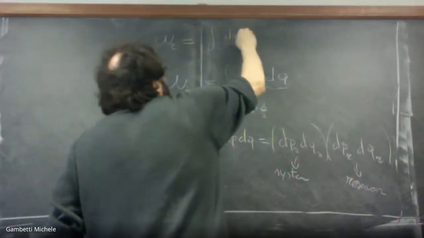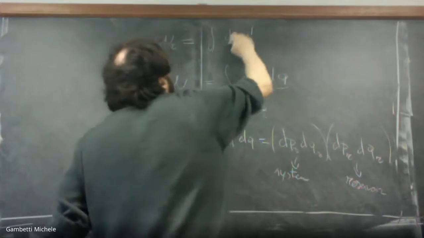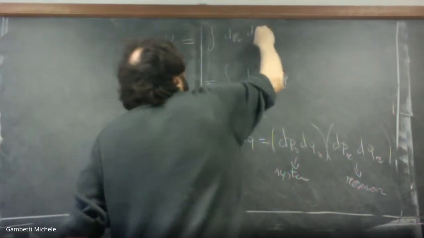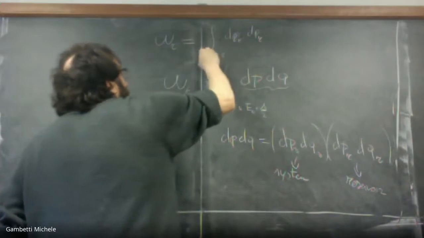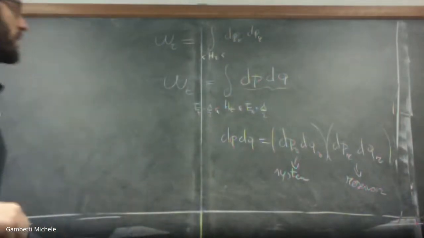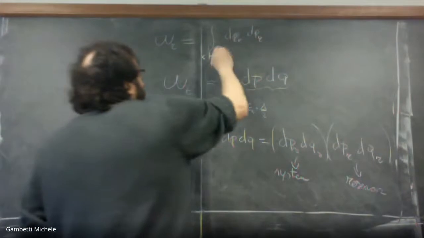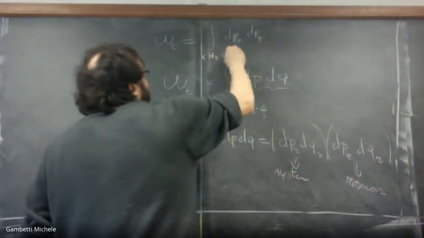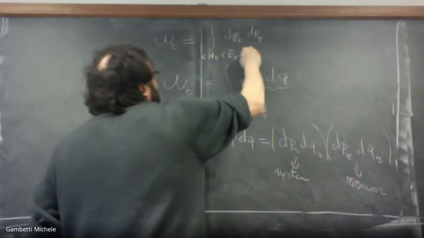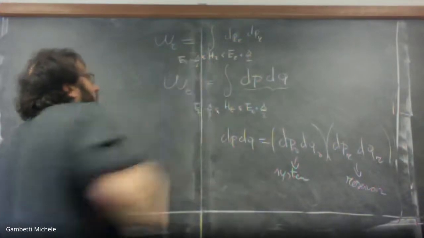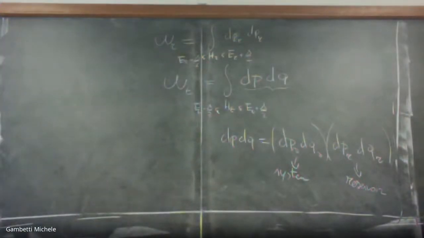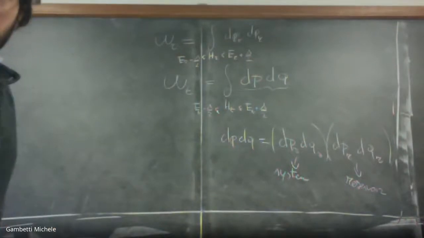There will be something like dp_R dq_R, with the constraints on the Hamiltonian of the reservoir, E_R plus delta and E_R minus delta divided by 2, apart from a normalization constant.